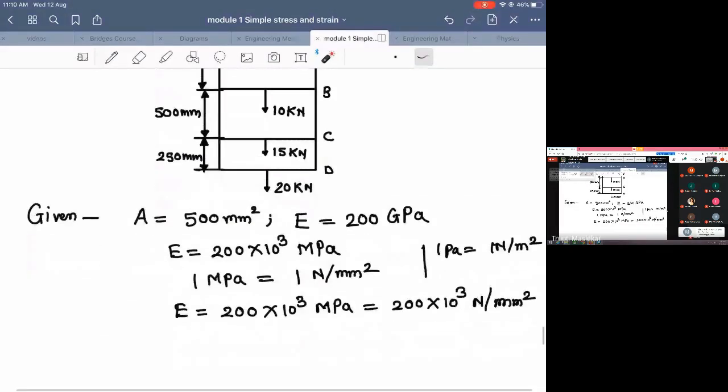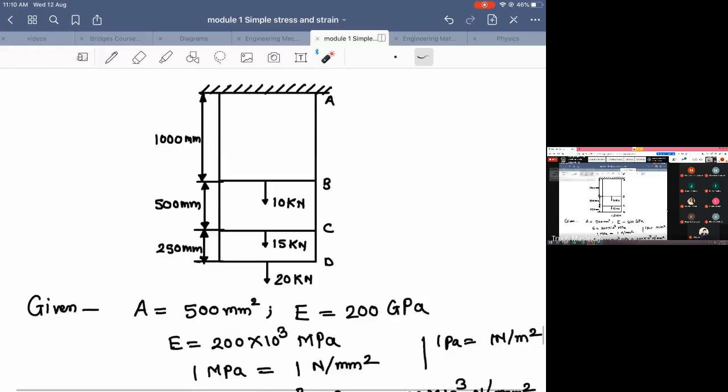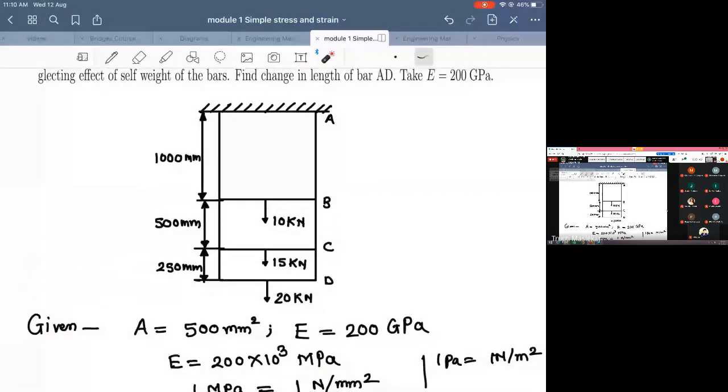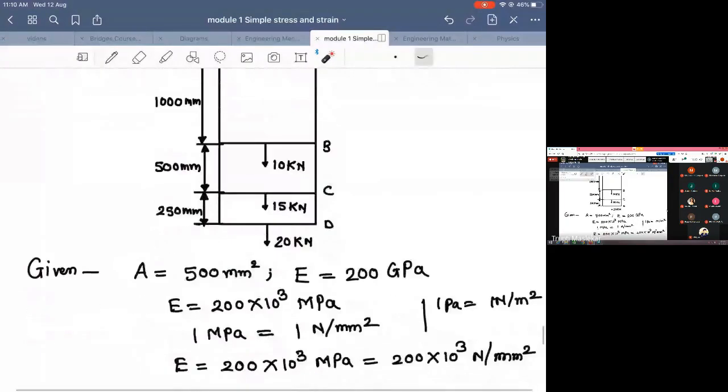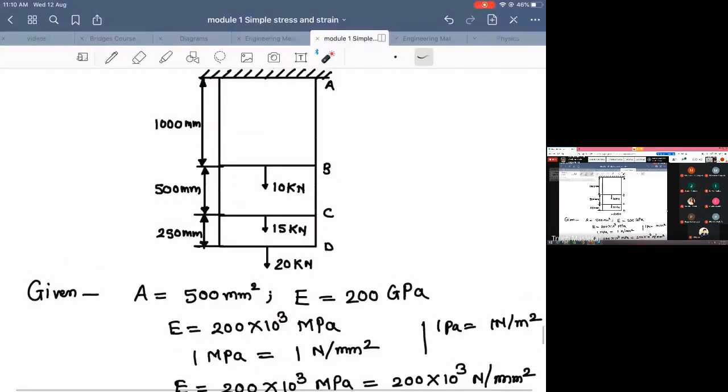So E is converted. Now, the first step while solving a problem is to check the condition of equilibrium. How many forces are there? 1, 2 and 3. Three forces are acting over the member: 10 kilonewton, 15 kilonewton and 20 kilonewton.